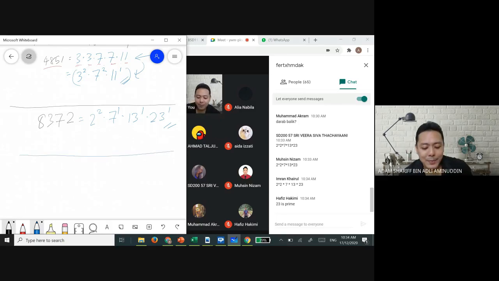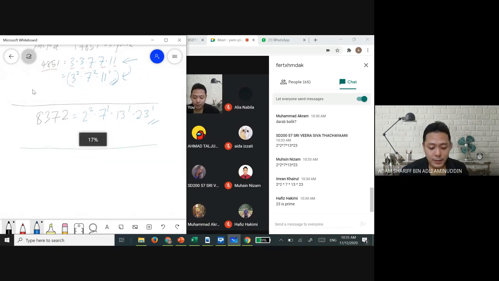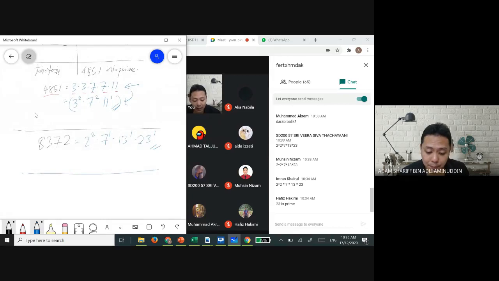Nanti saya bagi tahu apa masalah student yang itu. Hafiz tak ada masalah nampaknya, dia tahu beberapa nombor prime. Dan saya perasan, I realize that Hafiz also identify that 101 is a prime. But not all students manage to recognize those, especially when they're given a very large prime.